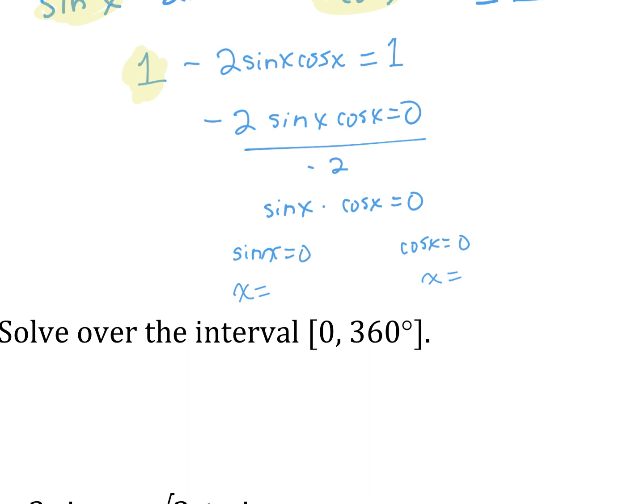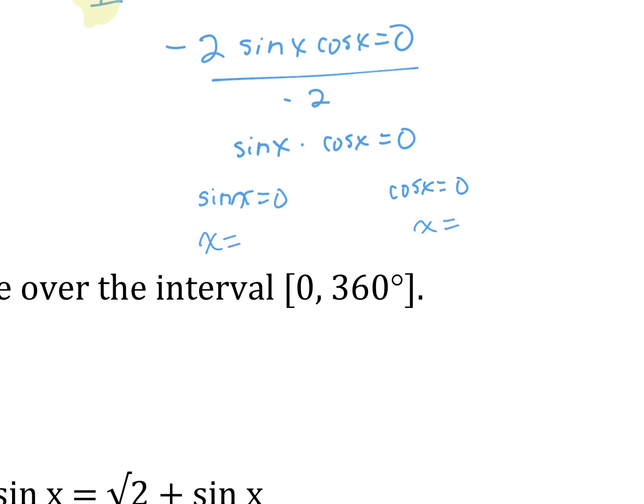So where is the sine of x equal to 0? Brady, where do we look for sine of x is equal to 0? Pi. Pi, where else? Yep, 2 pi, only we're going to refer to it as 0 pi or just 0. Yep. So 0 pi and 1 pi.